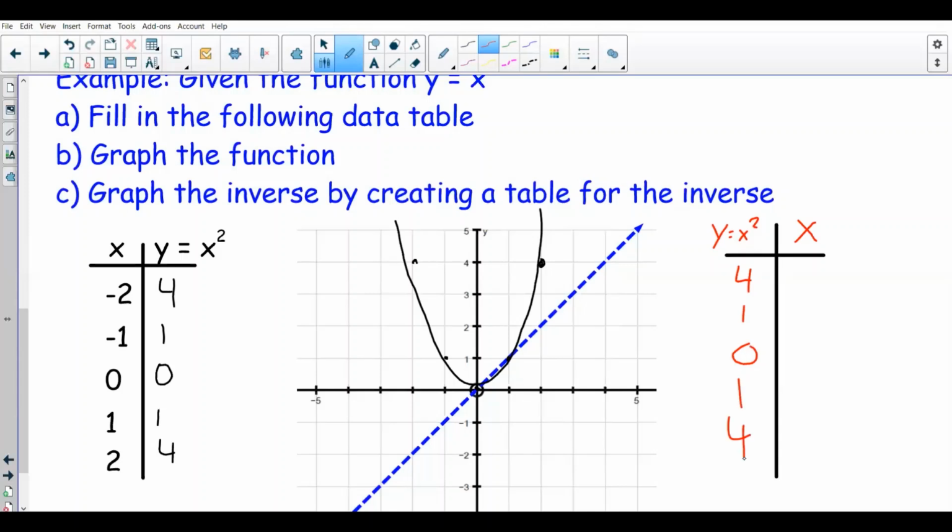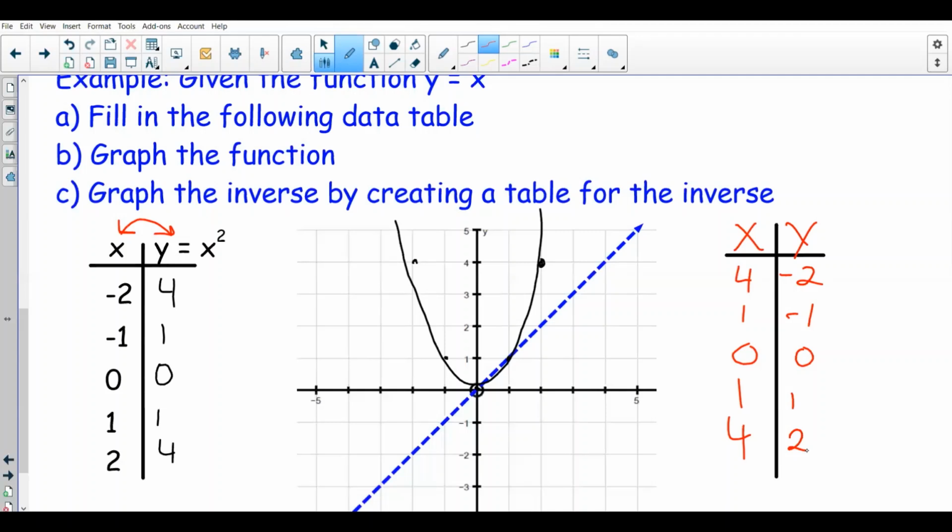And if you're thinking of the Math 10 exam type question where we get the data table and we're trying to figure out if it's a function or not, the fact that we have two numbers that are in the x column... I should be clear here, even though I labeled those how we're switching them, when I'm going to graph them, this is my x's now, this is my y's. I have switched these two columns to create my new data table. So I get -2, -1, 0, 1, 2.